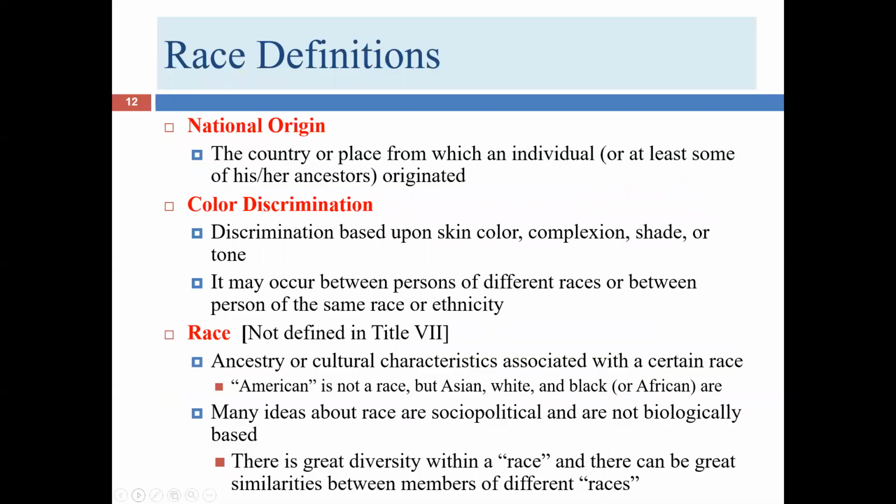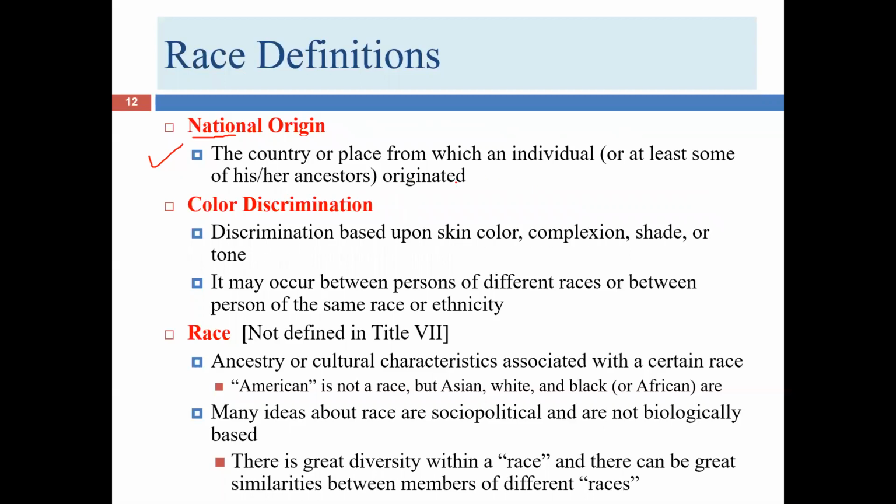So let's talk a little bit more about how we use the term race in a statute. And of course, we have some related terms that we want to do a little bit of a dive on too. So let's first of all talk about national origin. And this is one of these terms you'll want to use Quizlet for. So national origin, you can see it starts with the word nation. So it's the country or place from which an individual has originated.